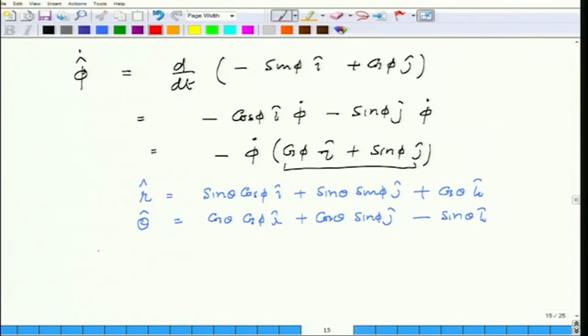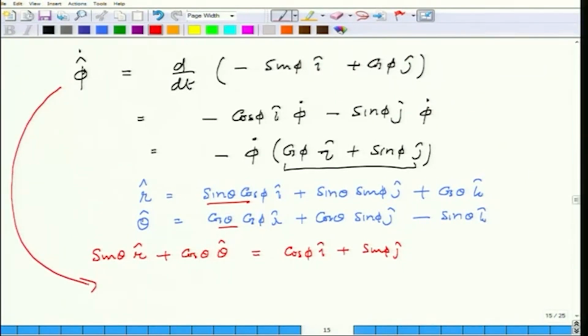Notice if I take sine of theta, multiply this by r unit vector, add to it cosine of theta times theta unit vector, what will I get? First term, I'll get sine square theta plus cosine square theta, cosine phi comes out common, so this will become cosine phi I, plus second term again will be sine square theta plus cosine square theta, which is 1, and I get sine phi j, and the last term cancels.